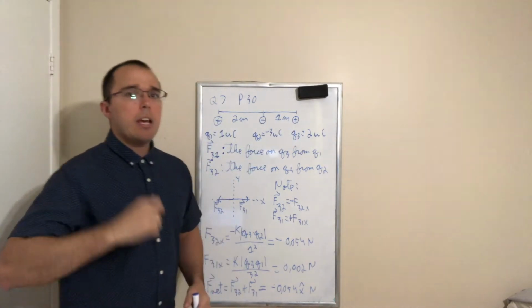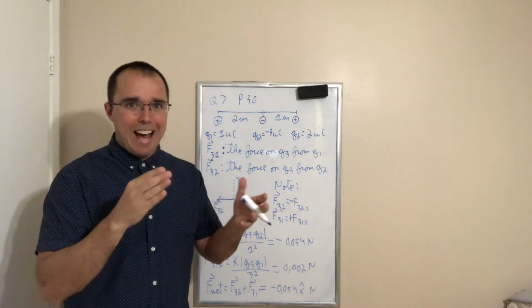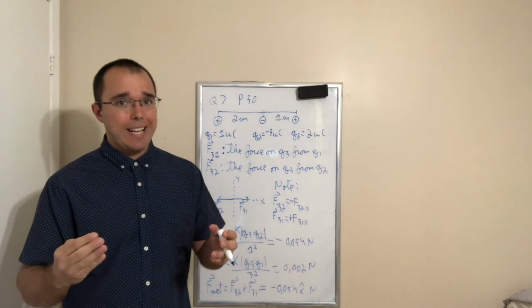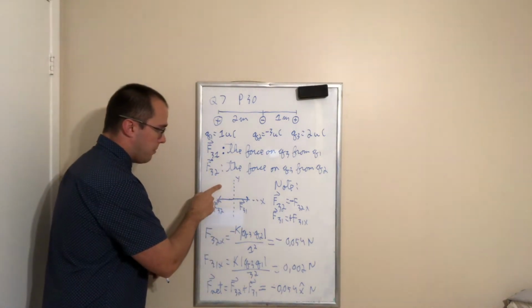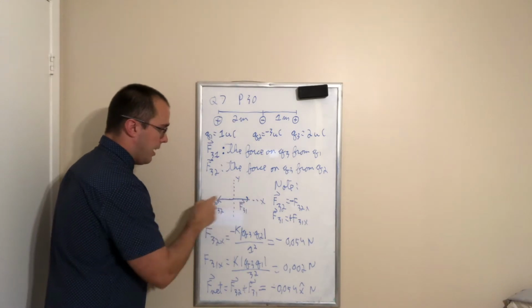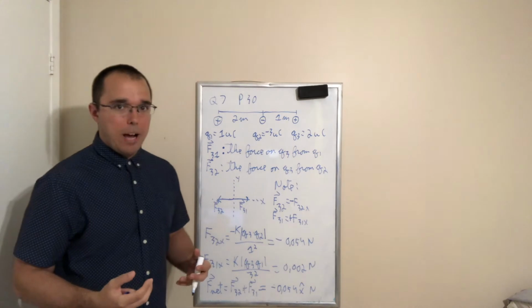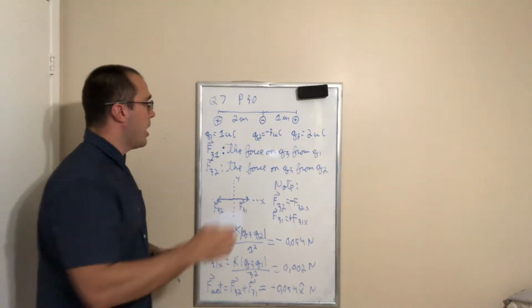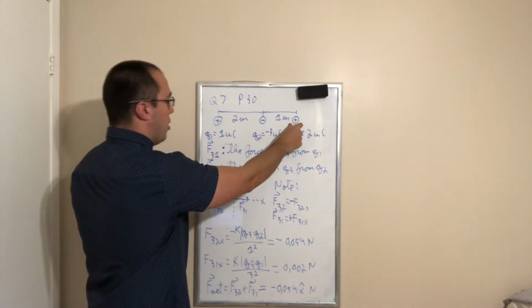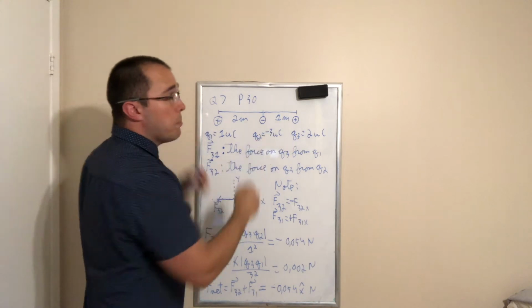Now, when we are dealing with anything related to multiple forces acting on an object, it's always a good idea to draw a force diagram. My force diagram over here is simply an X and Y axis, and I'm going to draw on this diagram the direction of the individual forces. If we look here, the first charge and the third charge are both positive.